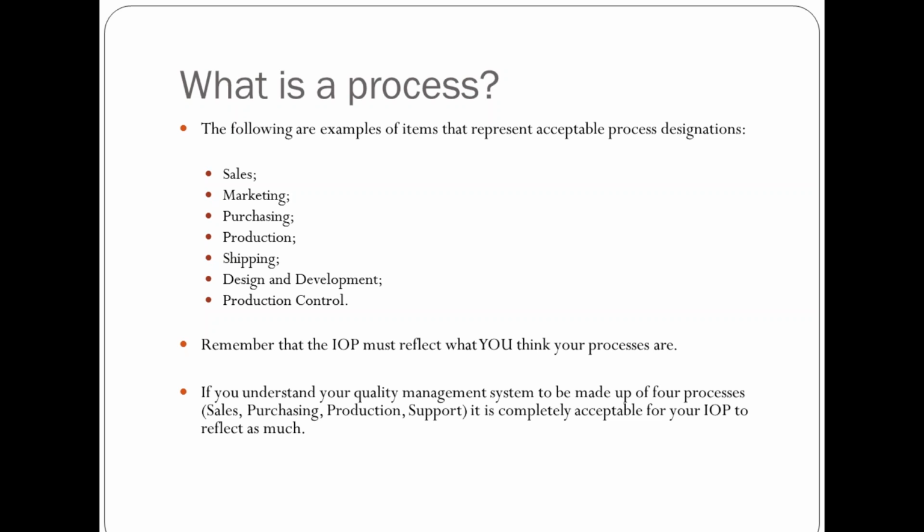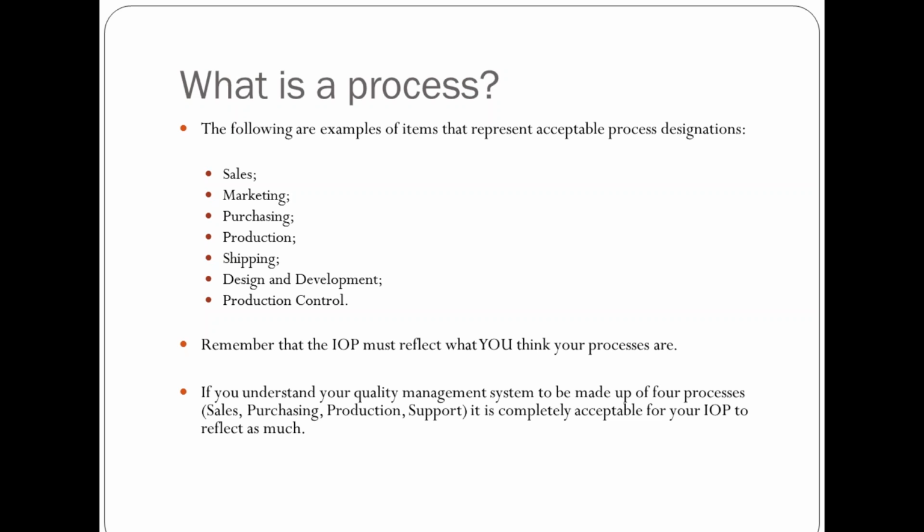Again, these are for you to define in terms of what are the applicable processes for your quality management system. Another point that I wanted to make is that it's completely okay if what you have are just a handful of core processes. If your system is made up of 4 processes, we see this a lot: sales, purchasing, production, support.